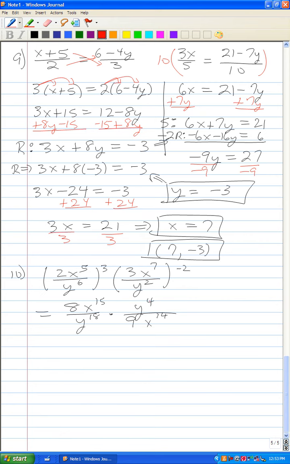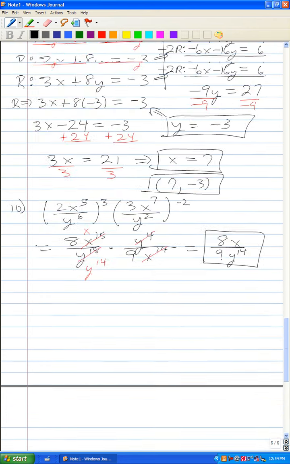And so 18 minus 4 is 14. x to the 15 divided by x to the 14 is x. And so your answer is 8x over 9y to the 14. And that is your answer.